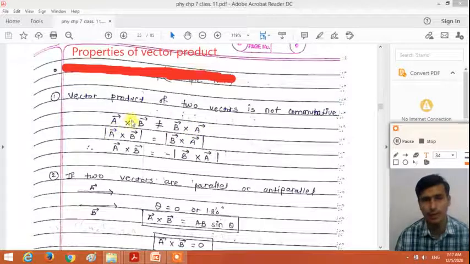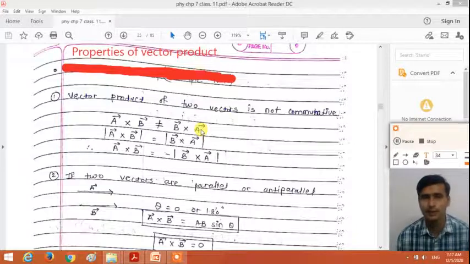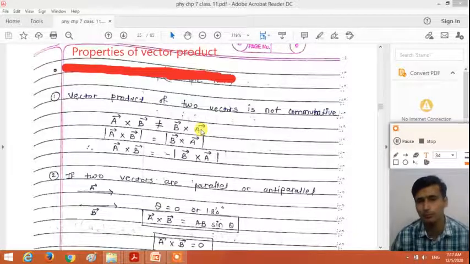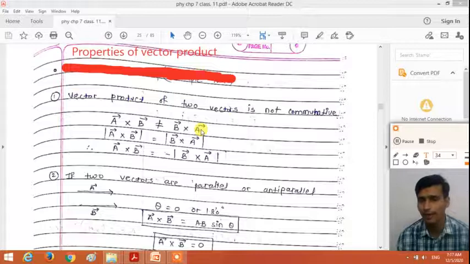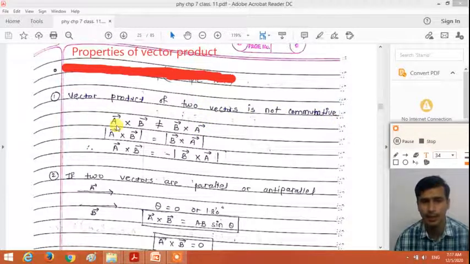Similarly, the scalar product of two vectors is commutative. We can write A dot B is equal to B dot A. The value of A dot B and B dot A are the same, right? But the vector product of two vectors is not commutative, right?